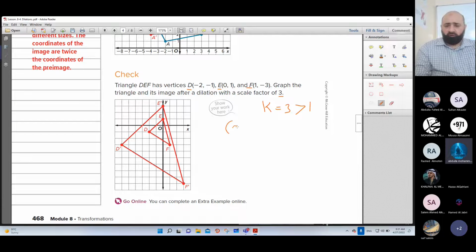So the rule (x, y) will be 2x, 2y? Is it true? Well, it will be 3x, 3y. Great. 3x, 3y.